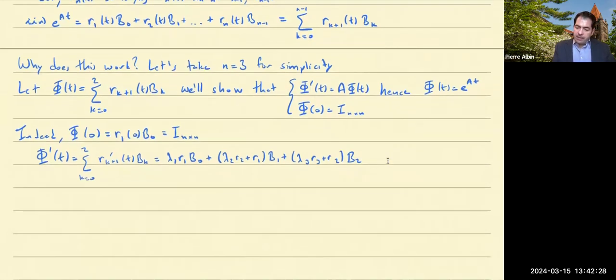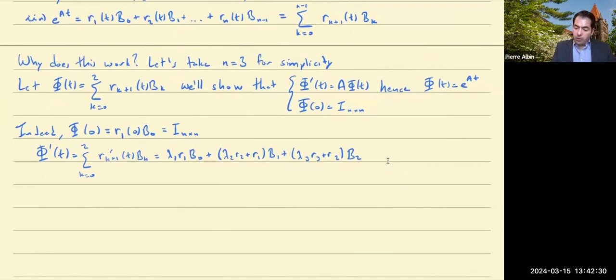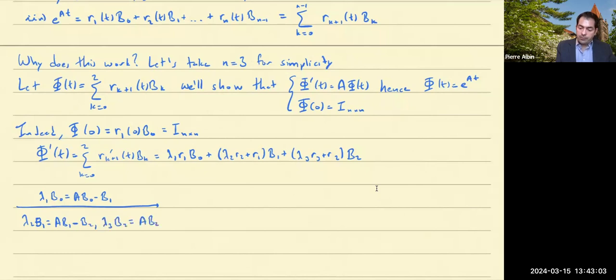Okay. Now, recalling how we defined these matrices B1, B2, and so on, notice that I can write lambda 1 B0 as A times B0 minus B1. Lambda 2 B1 is equal to A B1 minus B2, and lambda 3 B2 is equal to A B2, right?